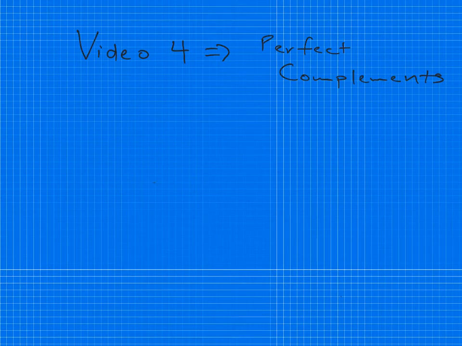So if you recall, perfect complements utility can look something like this. This is just one example, but we'll work with the most basic version of perfect complements, where utility is equal to the min of x comma y.